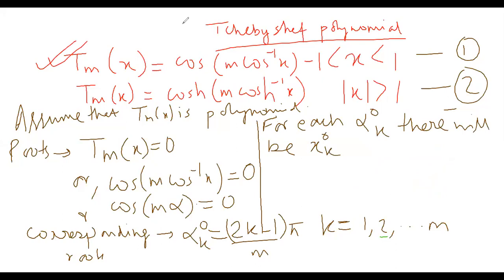So what are these x not k? These x not k are the roots actually. First of all we are finding alpha, then we are finding x. So cos of alpha not k is equal to x not k. You put the values of alpha not k and you will get the roots. So finding roots is over.